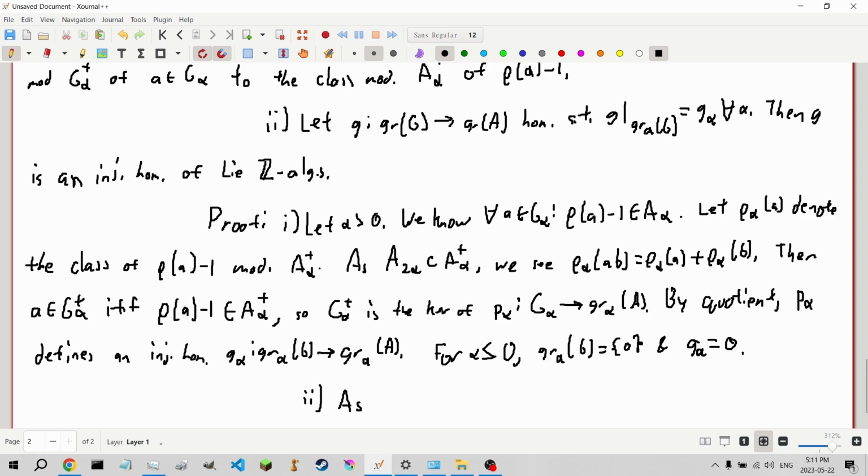For part 2, as G alpha is injective for all real alpha, G is injective. We show that G is a Lie algebra homomorphism.